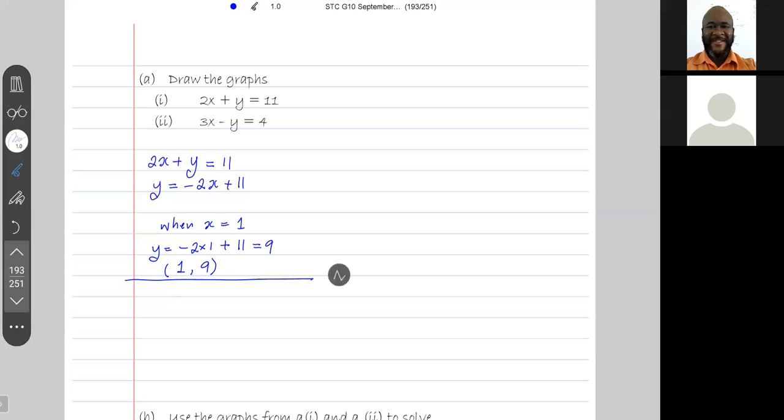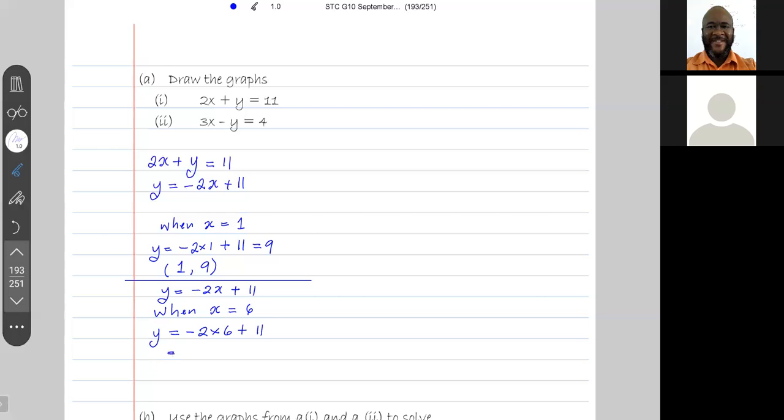Same equation, y is equal to minus 2x plus 11. I'm going to select another value of x, ensuring that they're not too close to each other. So I might say when x is equal to 6, y would be equal to minus 2 times 6 plus 11.